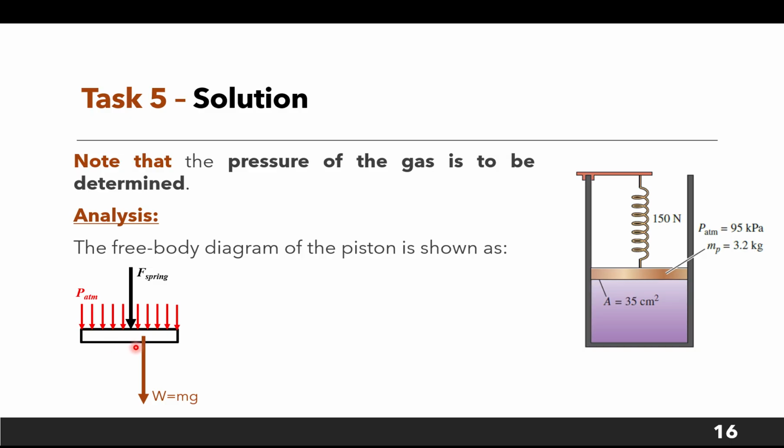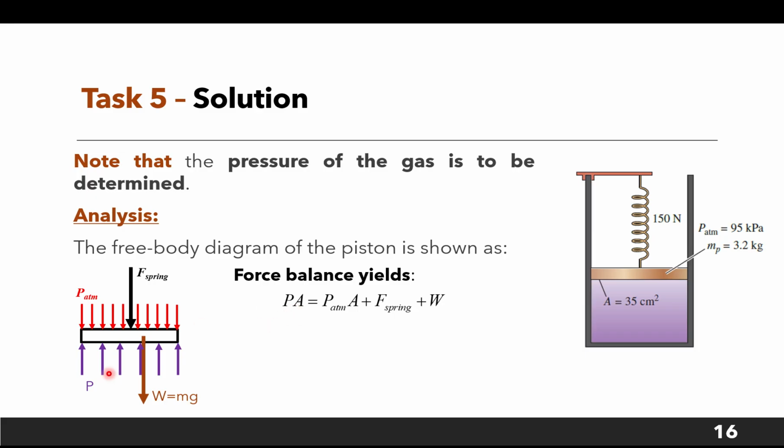All right. Then we have the pressure of the gas, P, acting upward because it tends to push what? The piston up against the spring, against the weight, against the atmospheric pressure. So the force balance, like we did before, has to do with what? This PA, upward force, equals what? Downward forces, right?